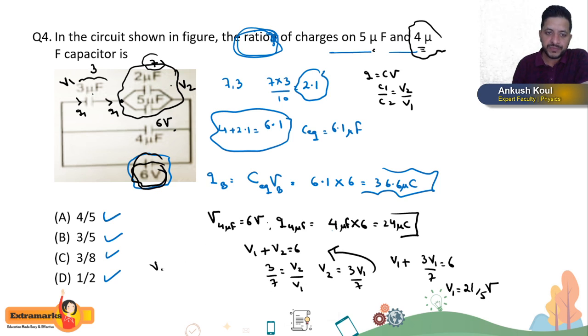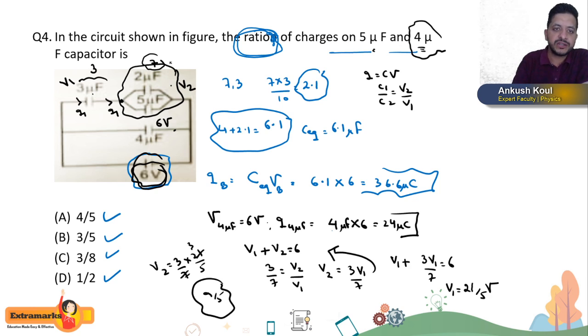So what is V2? V2 will be 3 by 7 into 21 by 5, which is 9 by 5. So potential across this is 9 by 5 volts. What is potential across 4 microfarad? It is 6 volts. Clear?